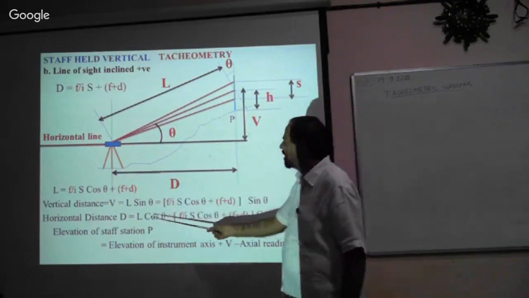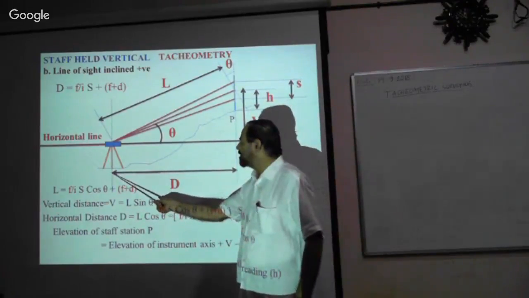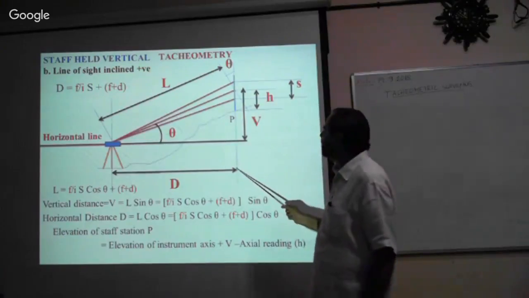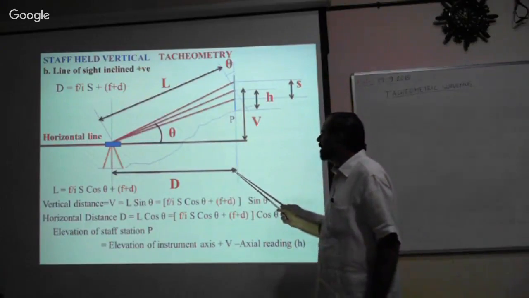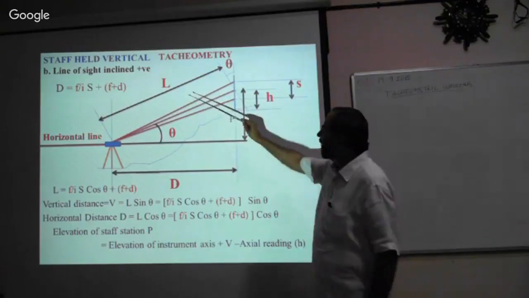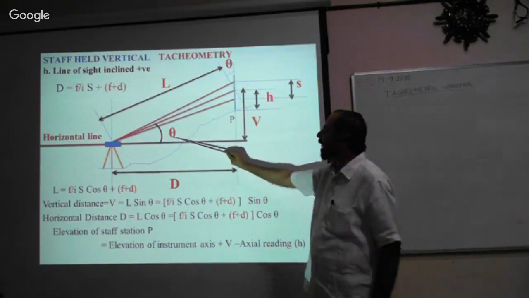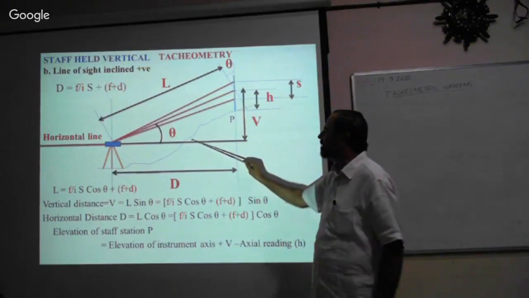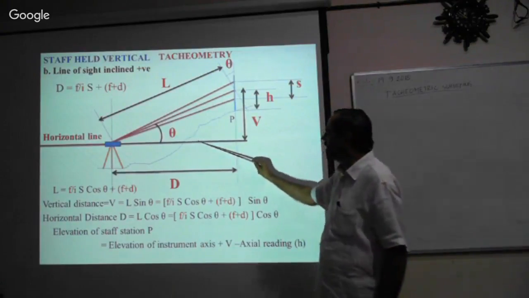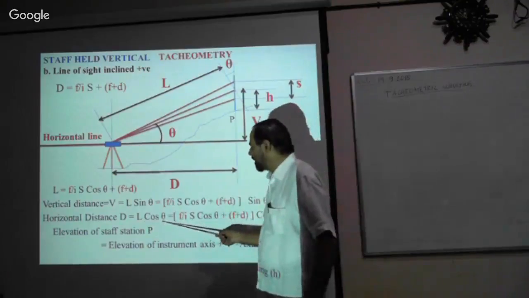And to find out D, the distance between the instrument station and the object, D is equal to L cos theta. This is the adjacent side, adjacent to the angle theta. Therefore, it is L cos theta.